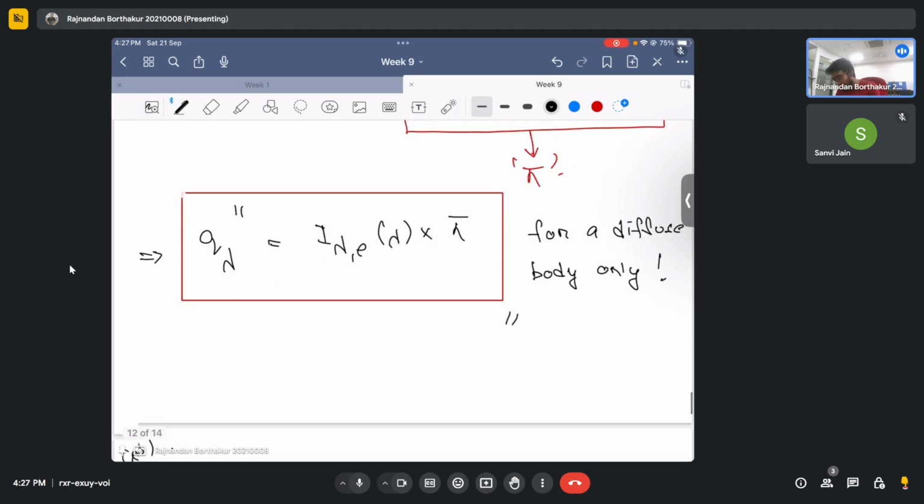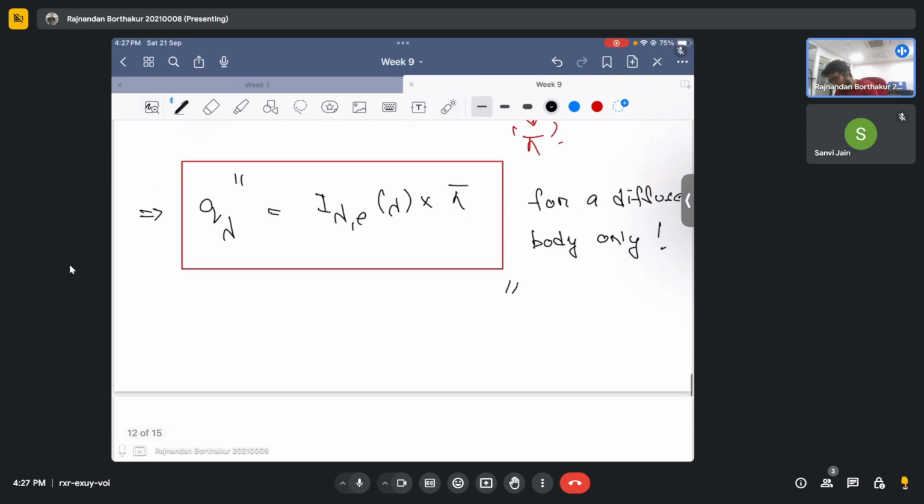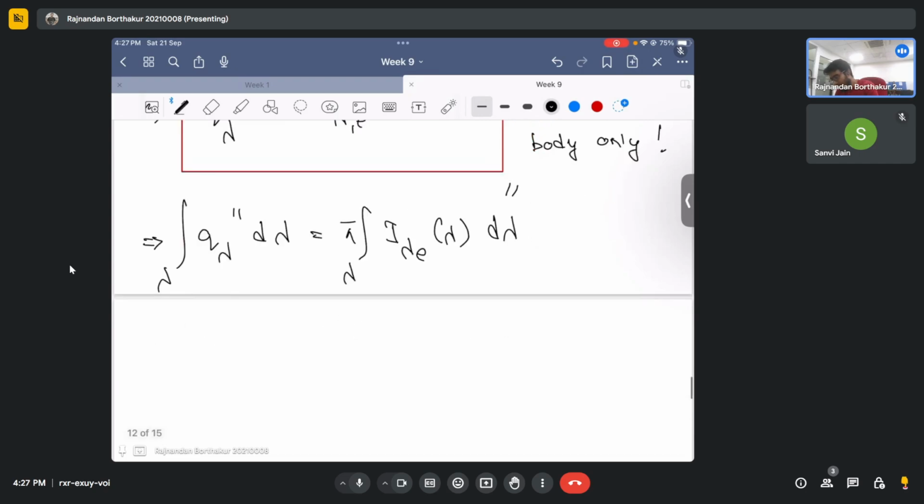Now if I do one more thing, if I integrate this equation for all the wavelengths, that means I integrate I lambda,e times pi d lambda, then you can say that your emissive power, that is the emissive power per unit area, q double prime, is pi times your intensity of radiation.